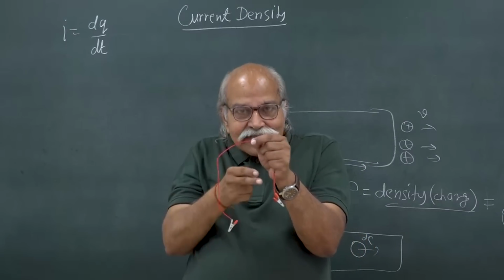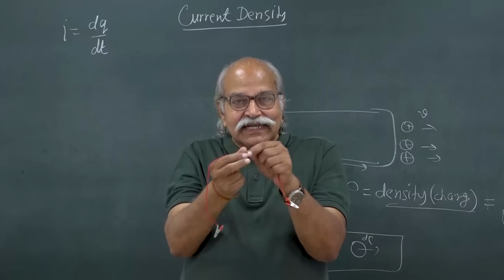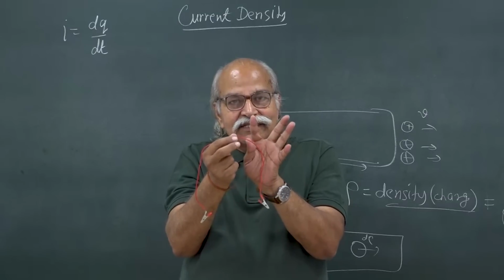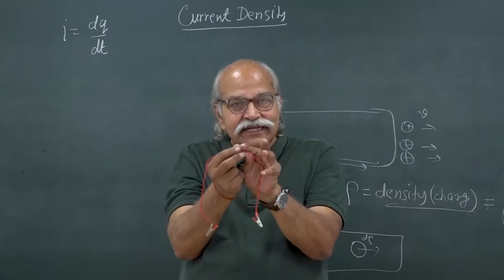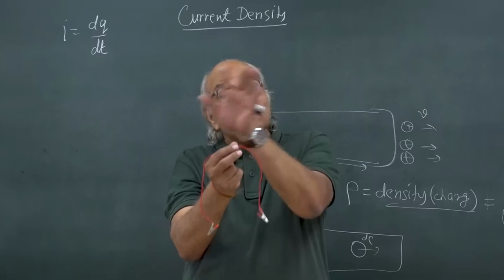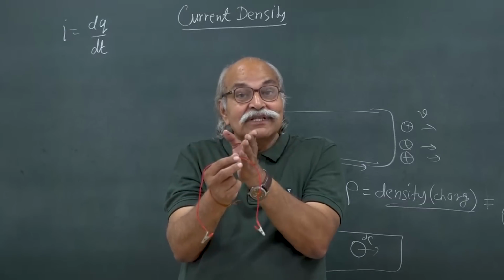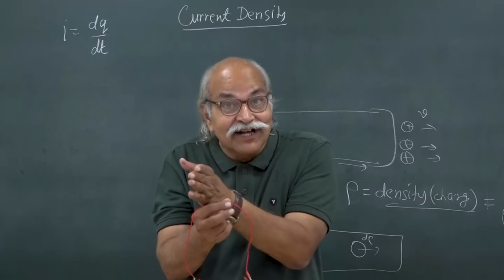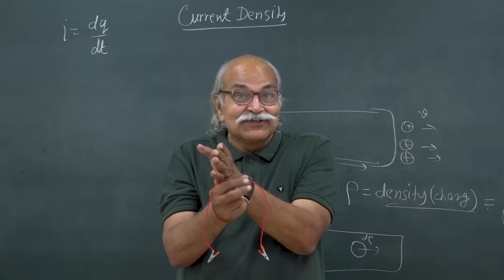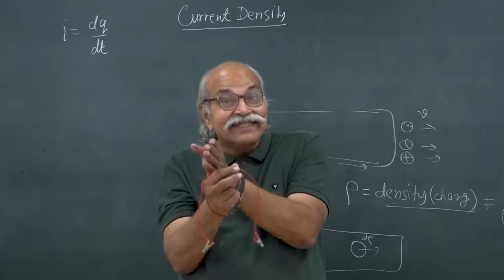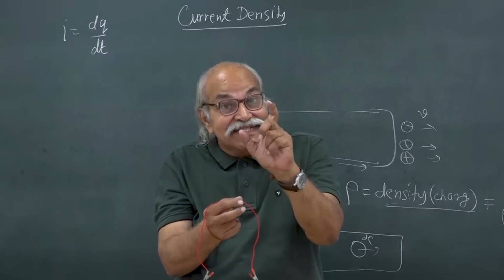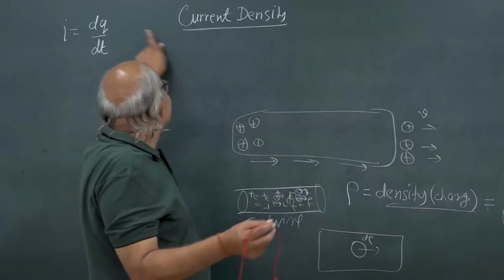So construct or imagine that cross section and then ask how much charge has gone from this side of that area to the other side. How much charge has crossed this area that you have imagined. So the charge which is crossing this area in time dt is this dq.